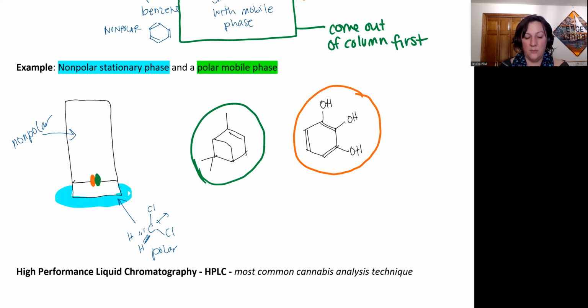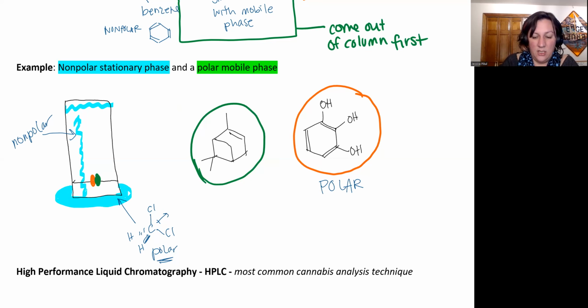So now the question becomes, is the orange dot going to be higher up, or is the green dot going to be higher up? So as our solvent comes up, we'll stop it here at the top. What we're going to want to ask ourselves to figure out which one goes the closest to the top, or comes out of the column first for liquid chromatography or gas chromatography, is which one will interact the most or have the most similar intermolecular forces as our solvent. Well, our solvent is polar, and we've already identified our benzene ring with the alcohol groups as polar.